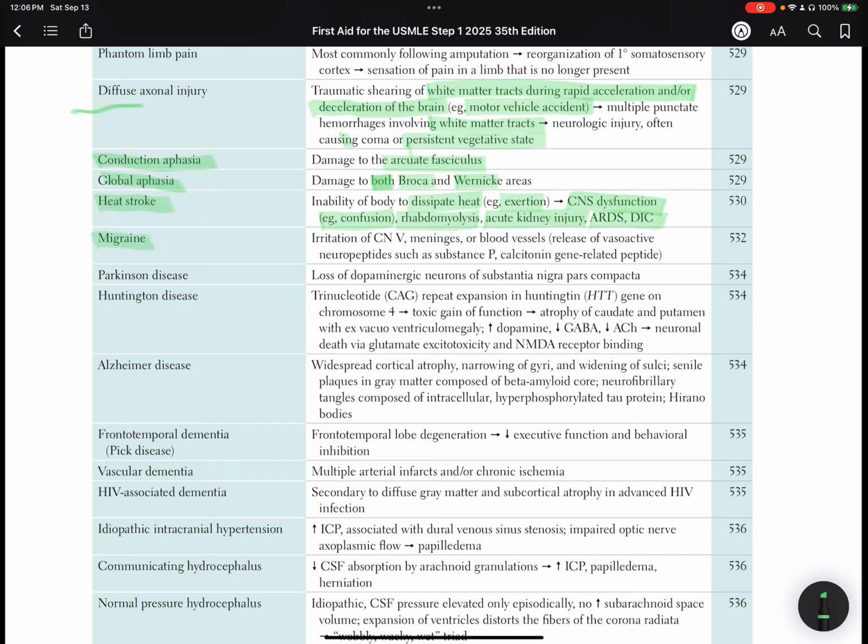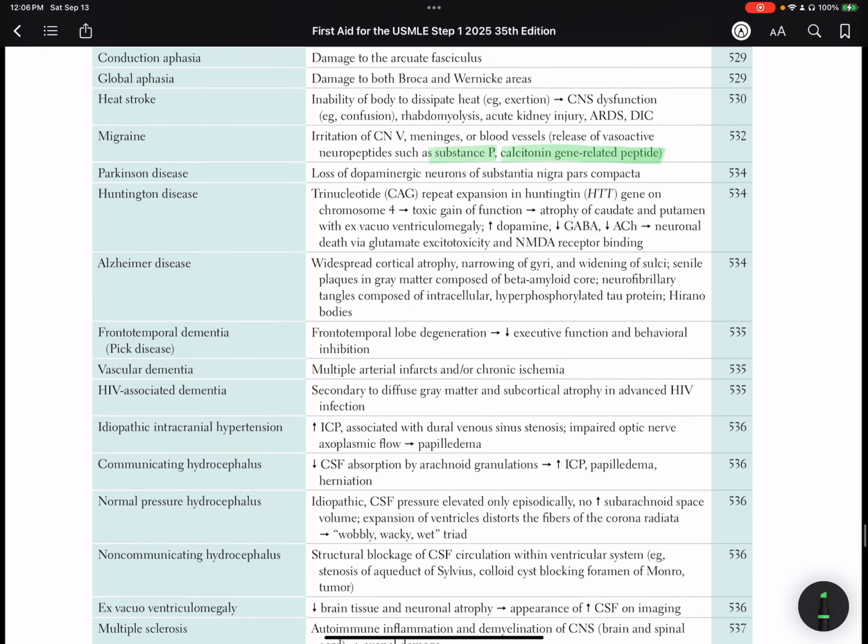Migraine is irritation of cranial nerve 5, meninges, or blood vessels, with release of vasoactive neuropeptides such as substance P and calcitonin gene-related peptide. Migraine is irritation of cranial nerve 5, meninges, blood vessels, release of vasoactive neuropeptides such as substance P, calcitonin gene-related peptide.